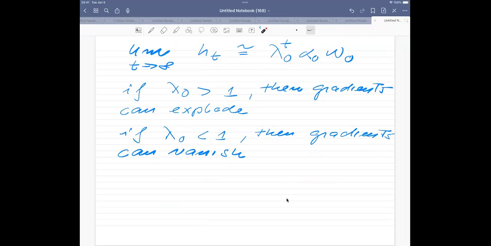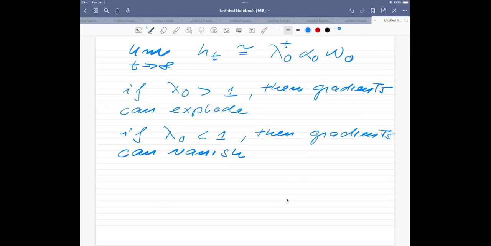On the other hand, if lambda 0 is much smaller than 1, after a given number of operations, this H of t can actually go to 0. And then when you take the gradient of that quantity, it can disappear. So this is the problem with the training of the recurrent neural network: either vanishing gradients or exploding gradients.